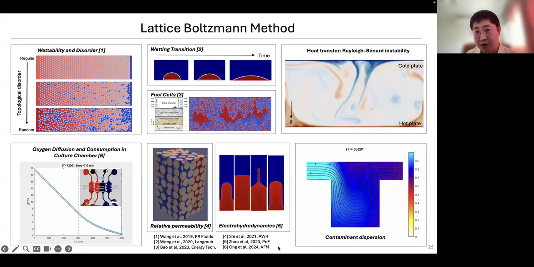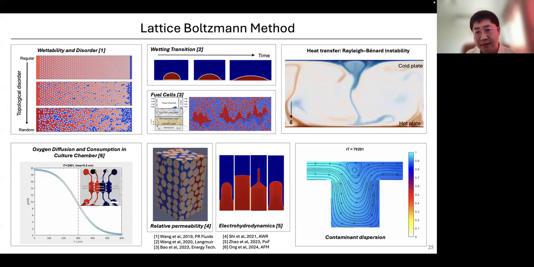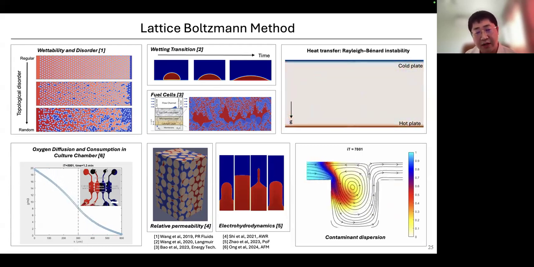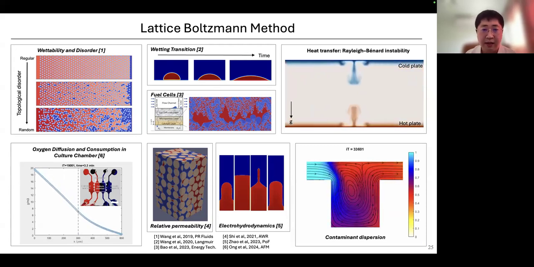So that's a quite powerful methodology. But at the same time, I realized I really want to further accelerate the simulation because it still took several days to run one simulation.